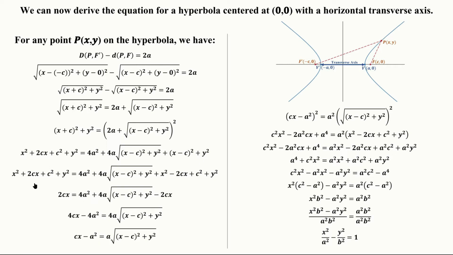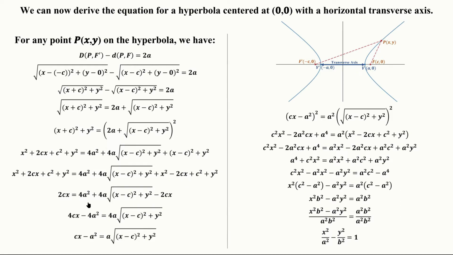Now notice there are many cancellations, right? The x squared cancels the x squared here, the c squared cancels out, the y squareds cancel out, so we basically have 2cx on the left side. On the right side we have 4a squared plus this expression, 4a times the radical of (x minus c) squared plus y squared, and then minus 2cx because everything else cancels out.